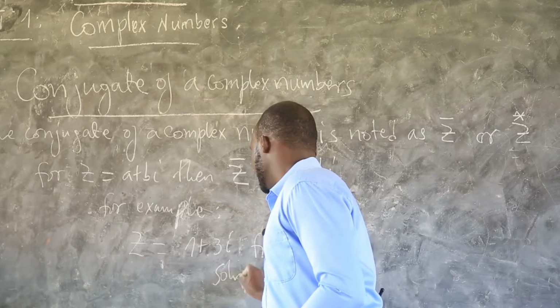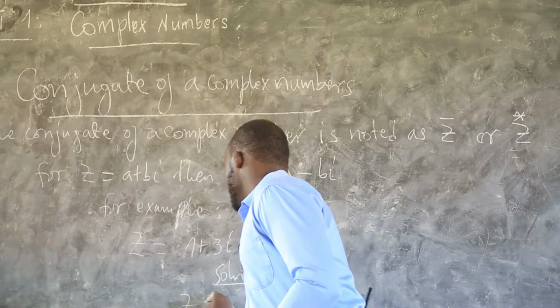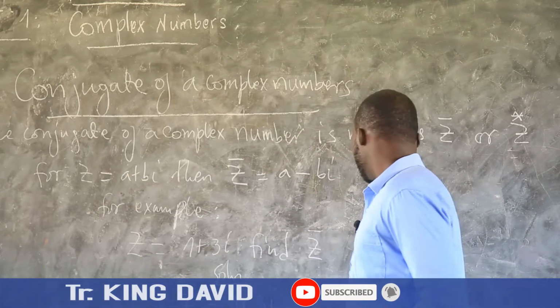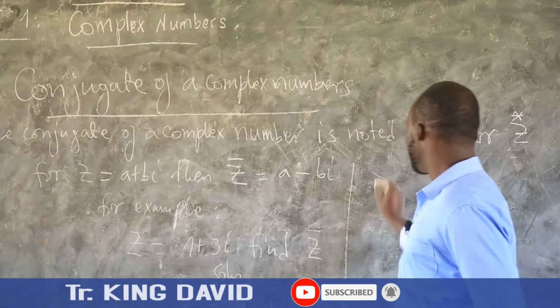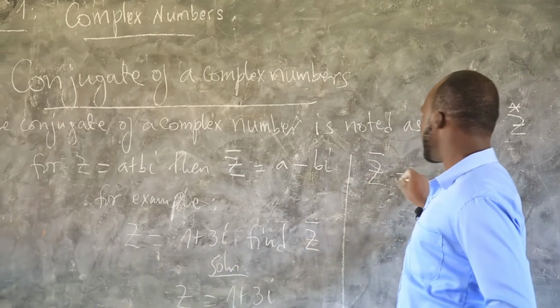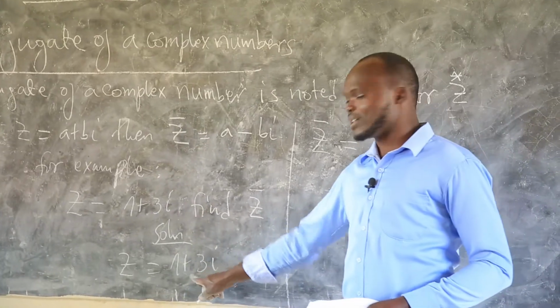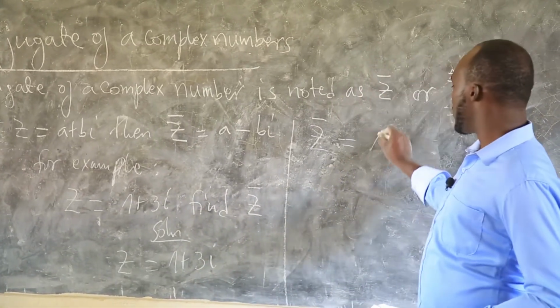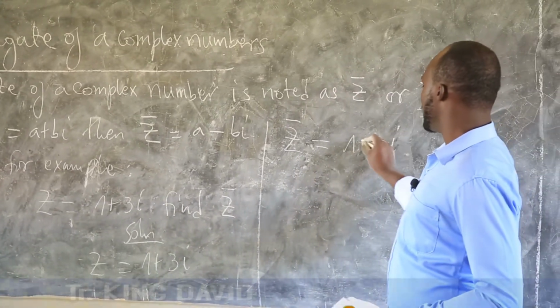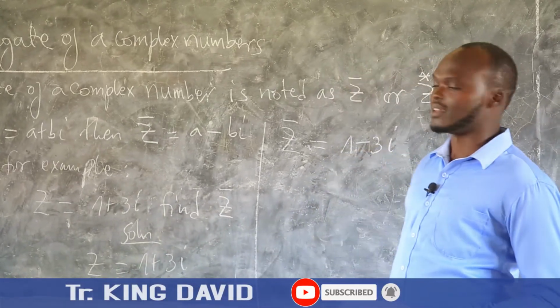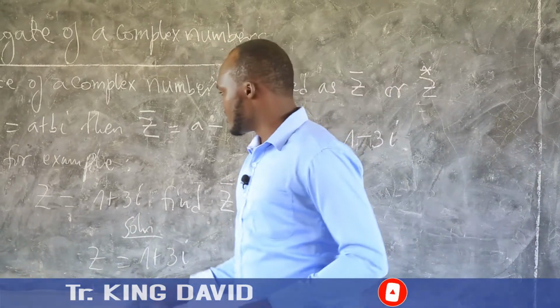Here, to get Z conjugate, if Z is 1 plus 3i, we have to change the imaginary part. We change its sign. So now, if Z is 1 plus 3i, the answer is going to become 1 minus 3i. We just change only the imaginary part. We change its sign. So this one was A.